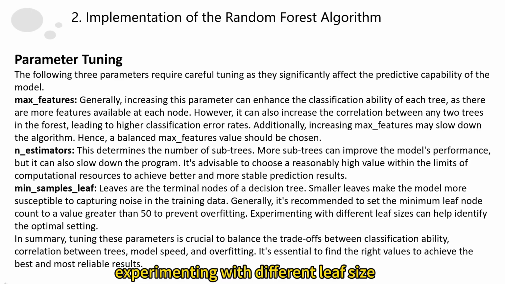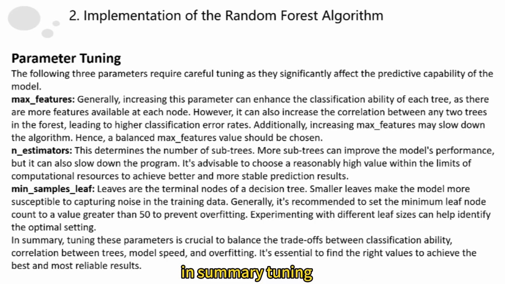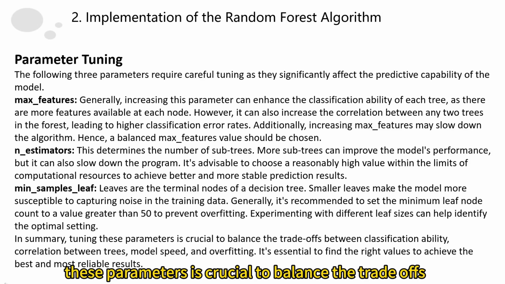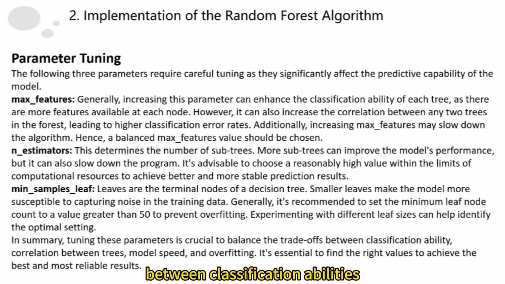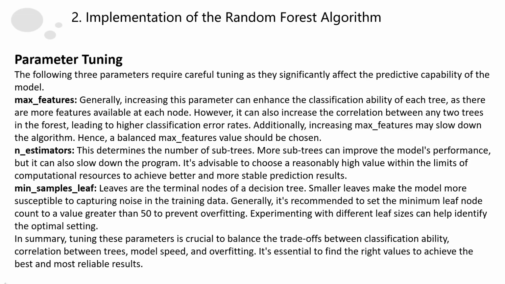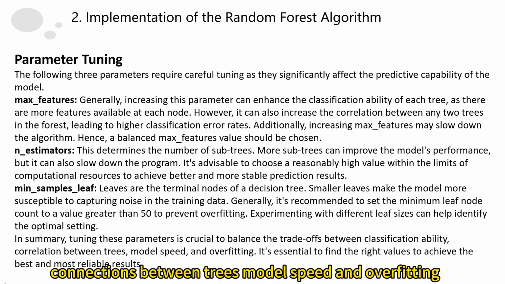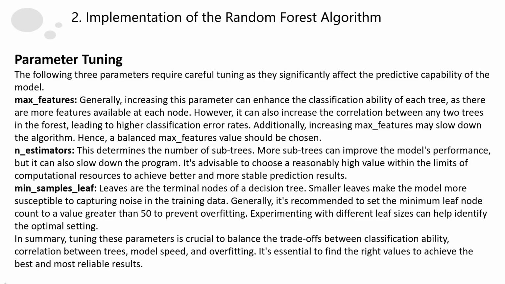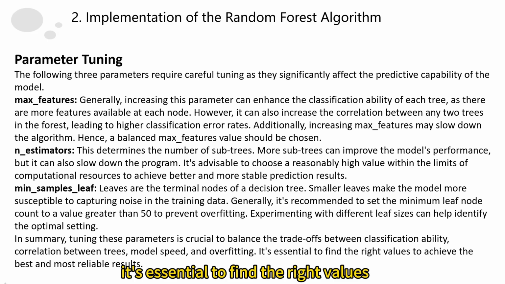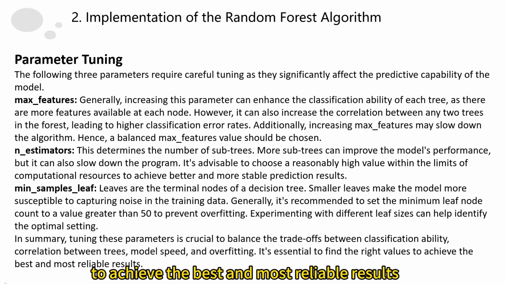Experimenting with different leaf sizes can help identify the optimal setting. In summary, tuning these parameters is crucial to balance the trade-offs between classification ability, correlations between trees, model speed, and overfitting. It's essential to find the right values to achieve the best and most reliable results.